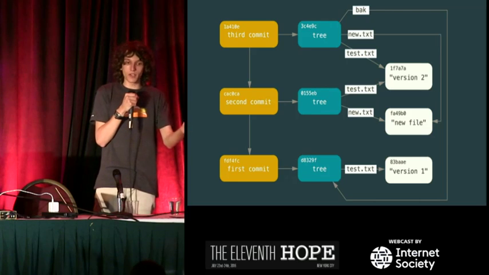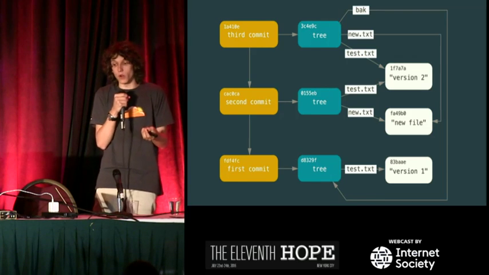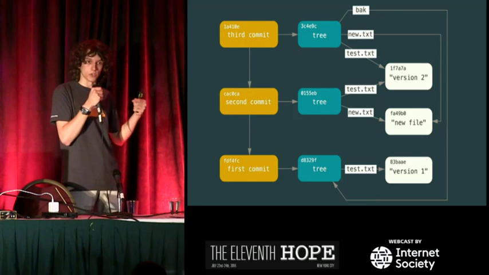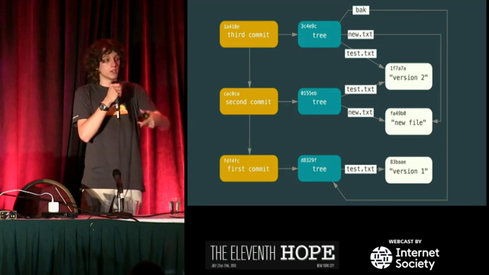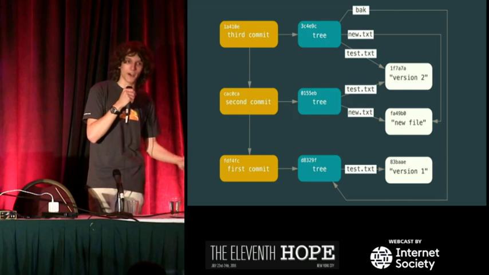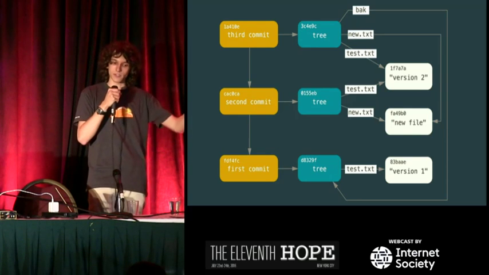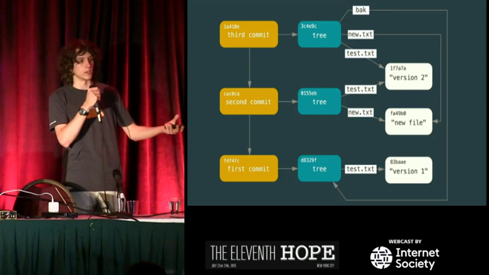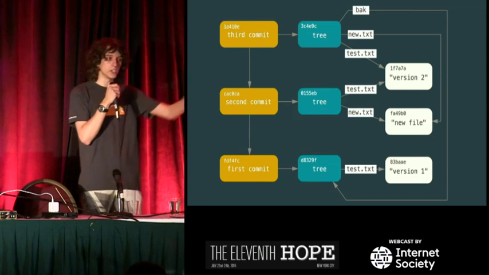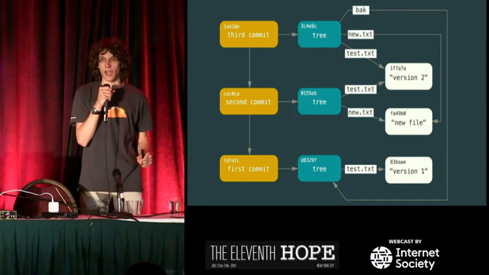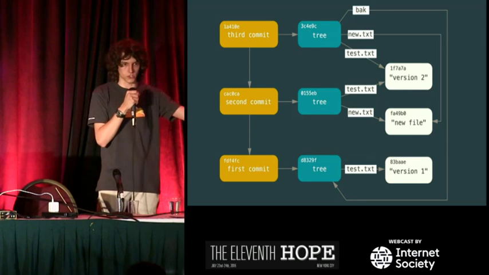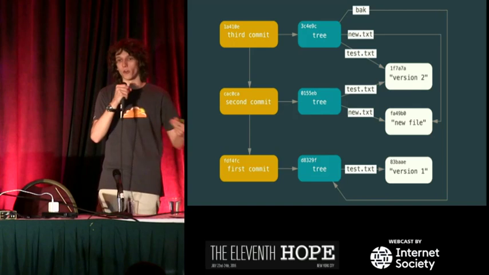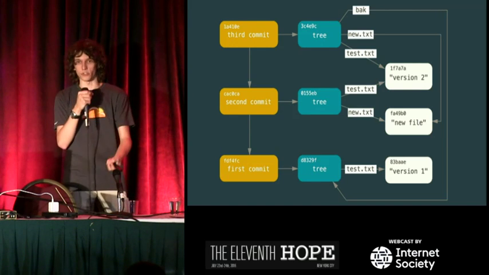That file has inside two hashes: one of the previous commit, so whichever commit is before in the history, and one to a tree. A tree is another small text file that lists every folder in the root of the repository at the time you made the commit. So it will say readme and a hash, and it will say src and a hash. The readme hash, in turn, will point to a blob, which is the content of the readme.